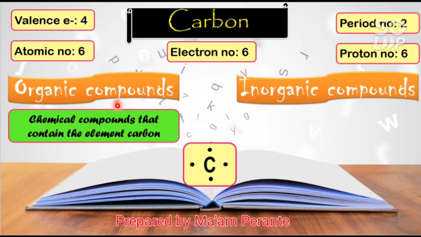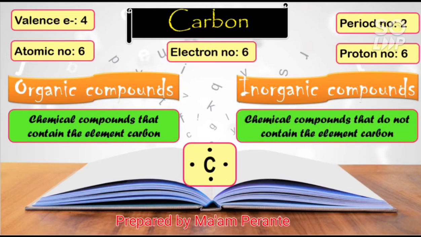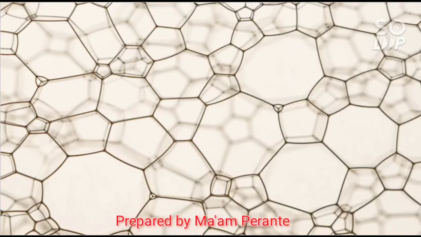So all compounds that contain carbon are called organic compounds. On the other hand, chemical compounds that do not contain the element carbon are what we call inorganic compounds. So all compounds without carbon are called inorganic. Okay? So that's how organic and inorganic compounds are distinct from one another.